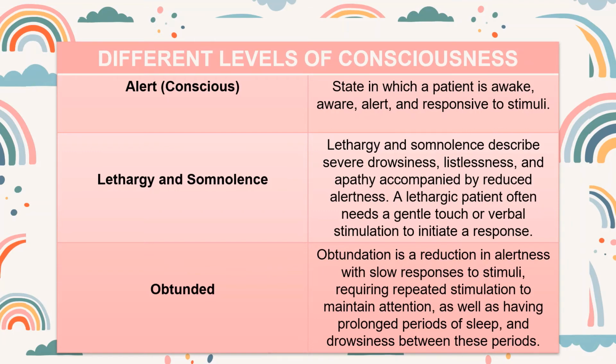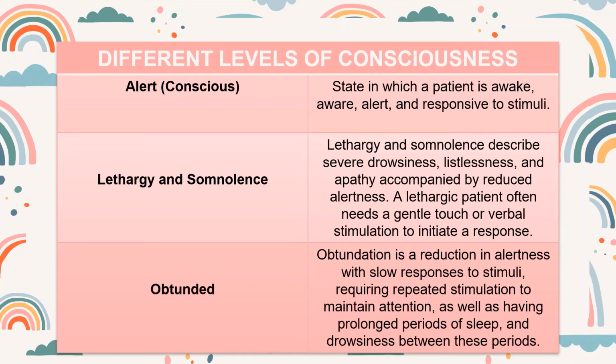Next, we have obtunded. Obtundation is a reduction in alertness with slow responses to stimuli, requiring repeated stimulation to maintain attention, as well as prolonged periods of sleep and drowsiness between these periods. In this case, the patient is more difficult to arouse.